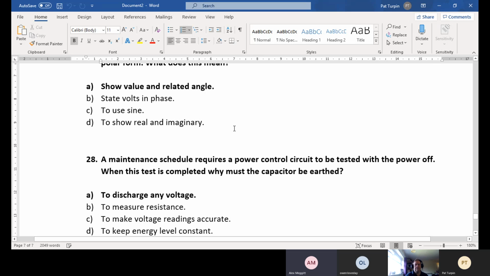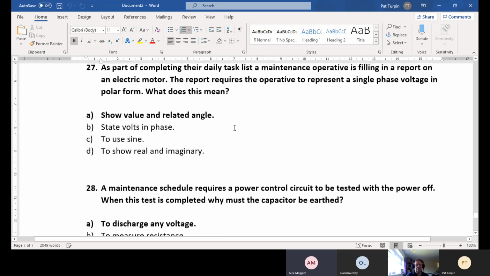Yeah. So, what's the answer? Yeah, you would show the values and the angle between them. So the angle of one line would be voltage, the other line would be current, and the angle in between, which we call theta, is the relationship between voltage and current.